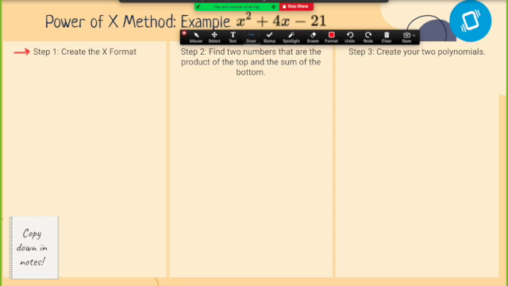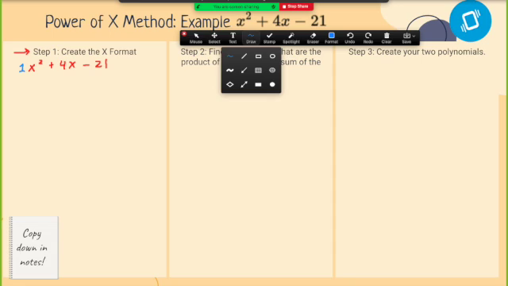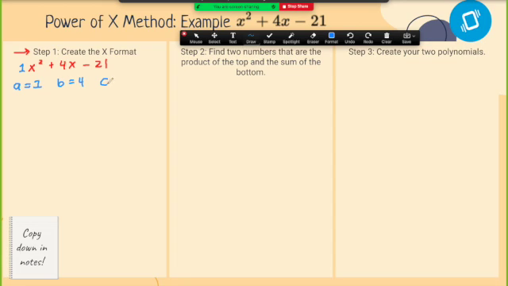All right. So right here we have x to the power 2 plus 4x minus 21. Now, based off of these, we already said that there's always that imaginary 1 right here, right? So we know that our A is equal to 1, our B is equal to 4, and our C is equal to negative 21.